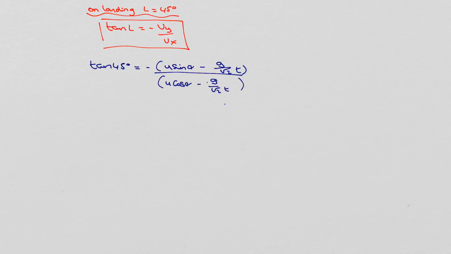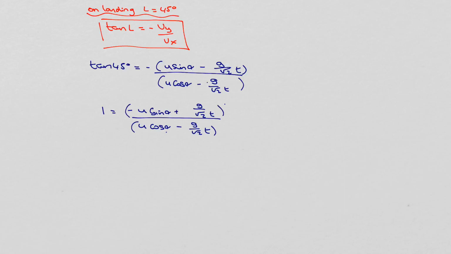Okay, and we love tan 45 because that's 1. And multiply out the brackets, so it's u sine alpha plus g over root 2 t all over u cos alpha minus g over root 2 t.